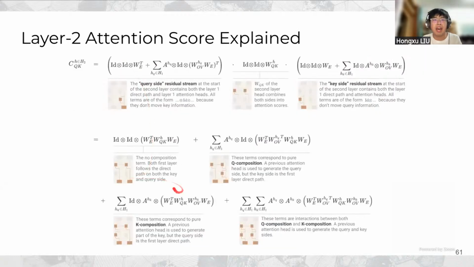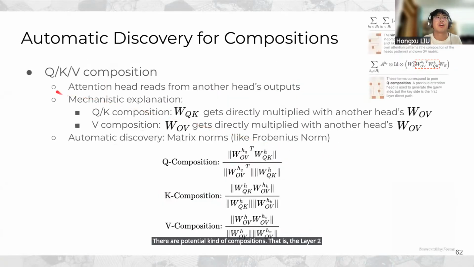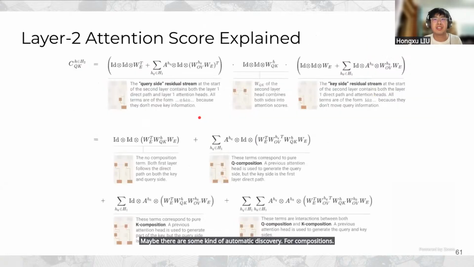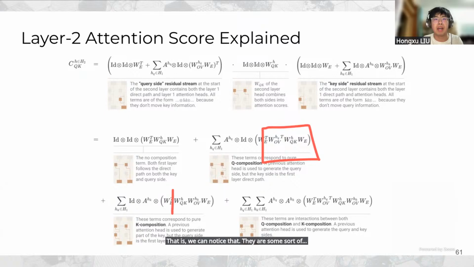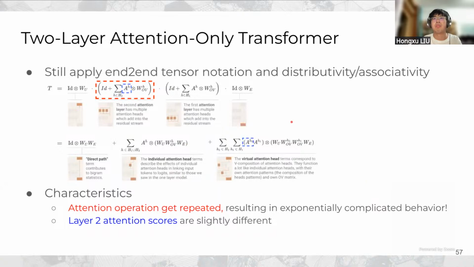We have noticed that there are potential compositions. That is, the layer 2 attention head reads from the layer 1 attention head outputs. Maybe there could be some automatic discovery for compositions. We can notice that there are matrix multiplications, and also from before, there are other matrix multiplications.